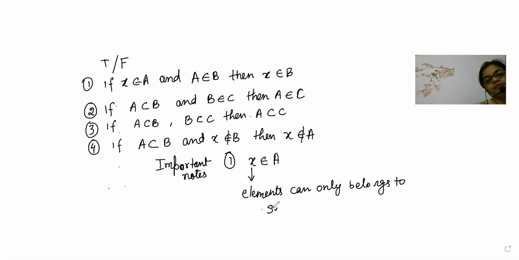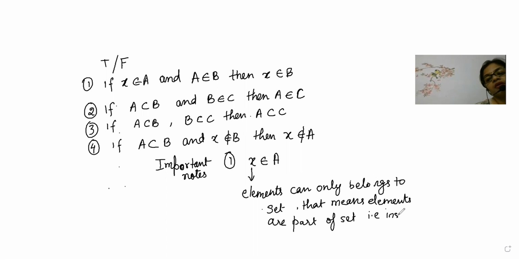Belongs to a set means elements are part of the set, that is, present inside the set. So elements are part of a set means it is present inside the set, beta.